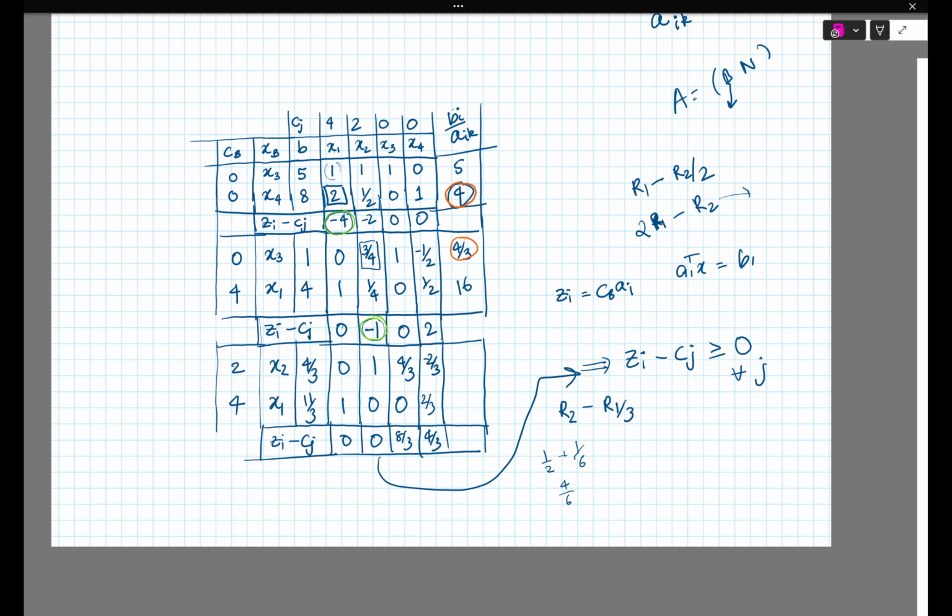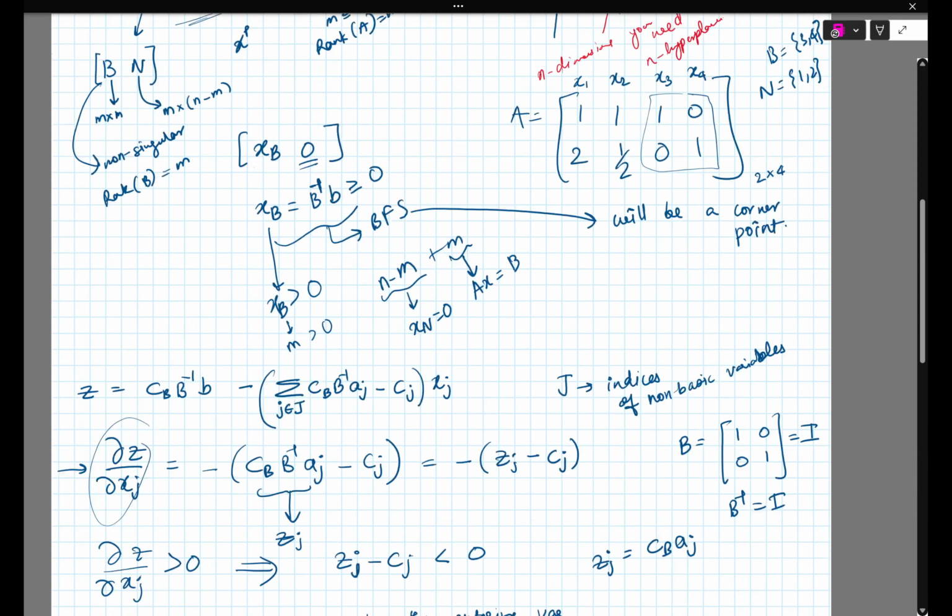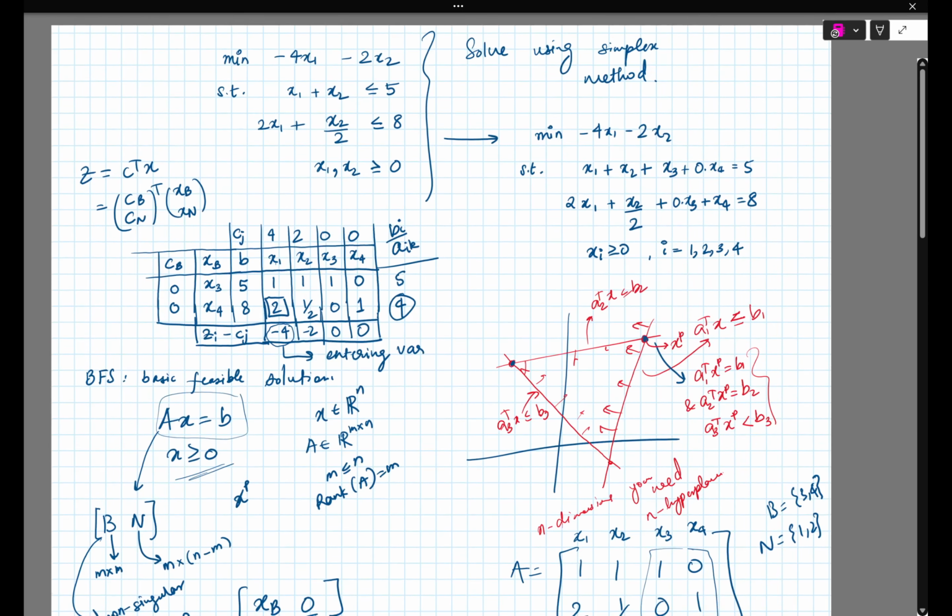That is x1 equal to 11 by 3, x2 equal to 4 by 3, x3 equals x4 equal to 0. So I think originally the objective is only in terms of x1, x2.